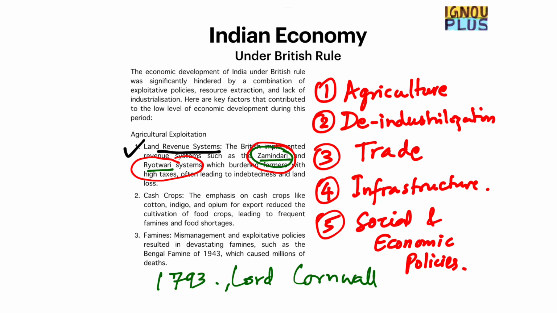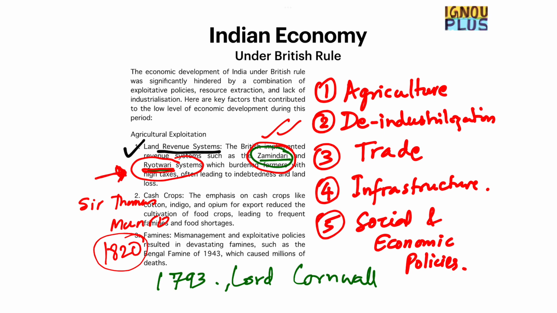It was introduced by Sir Thomas Munro in 1820. In the Rayatwari system, the government got involved directly. Earlier there were intermediaries, the middle person, but in the Rayatwari system, the government just jumped in directly and started collecting tax from the farmers.